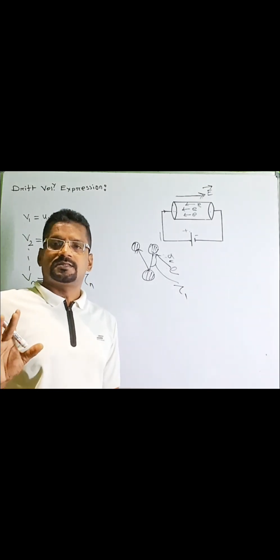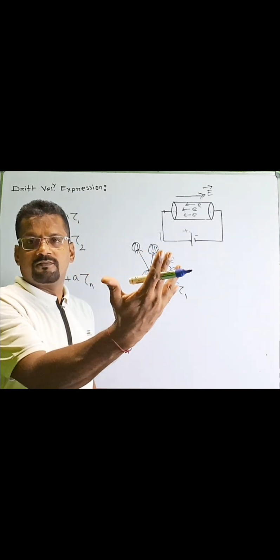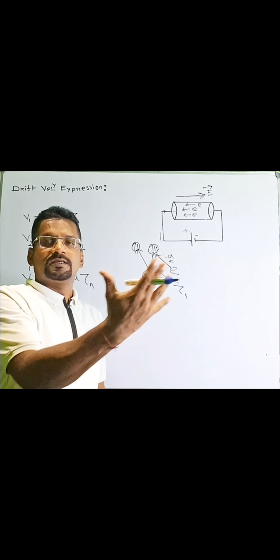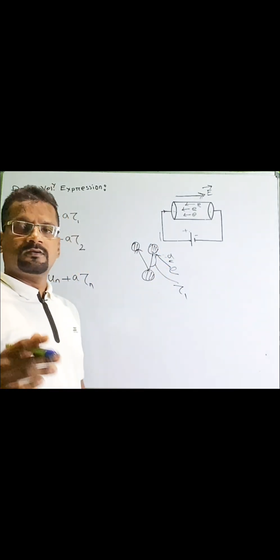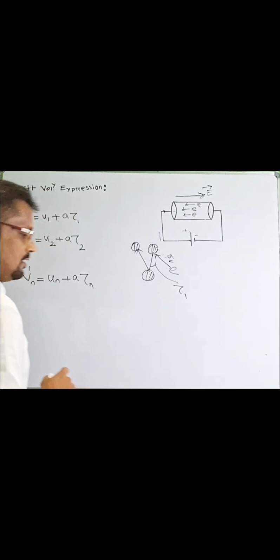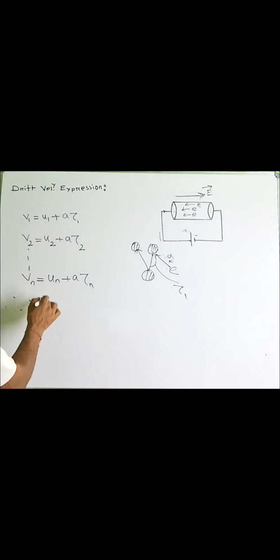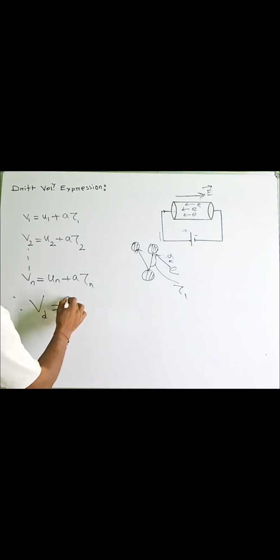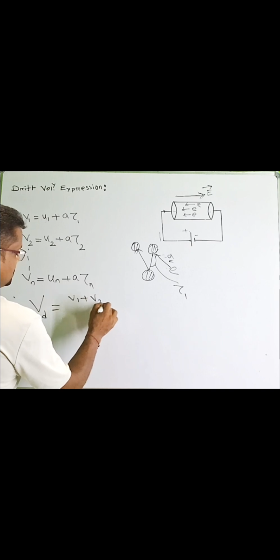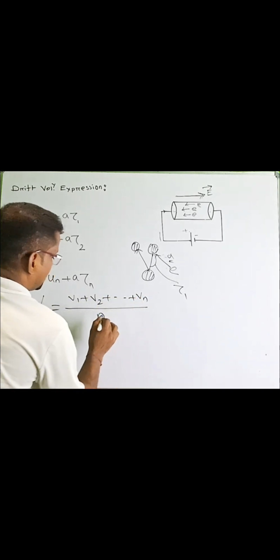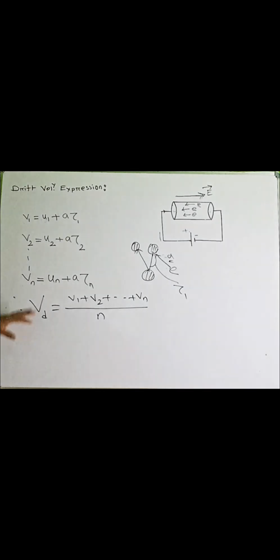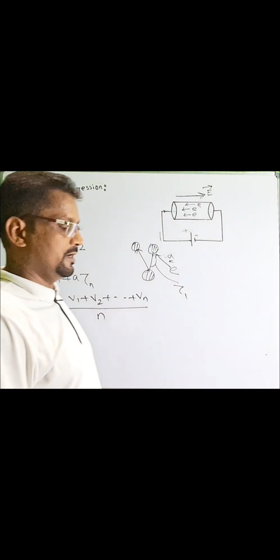But we are interested in the common or average velocity of all the free electrons, and that is the drift velocity. So we can write the drift velocity as v1 plus v2 plus so on up to vn, divided by n. Let us take the average of the individual velocities of all free electrons.